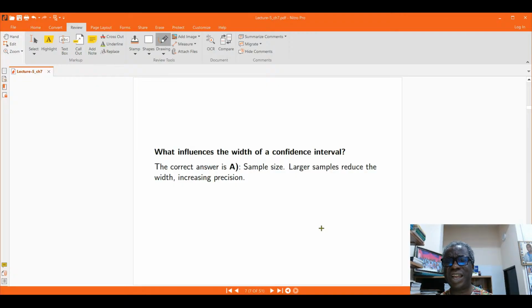If you take large samples, that will shrink the width, and reducing the width implies that you are increasing your precision. So the accuracy is improved.